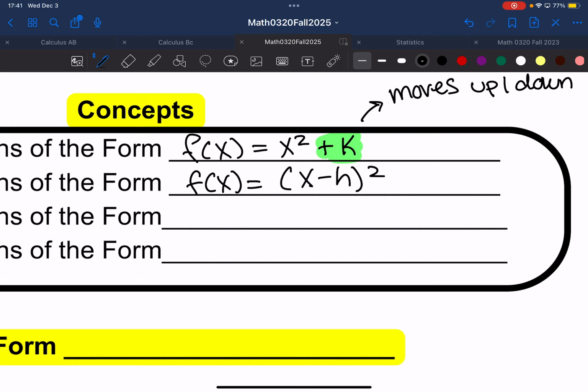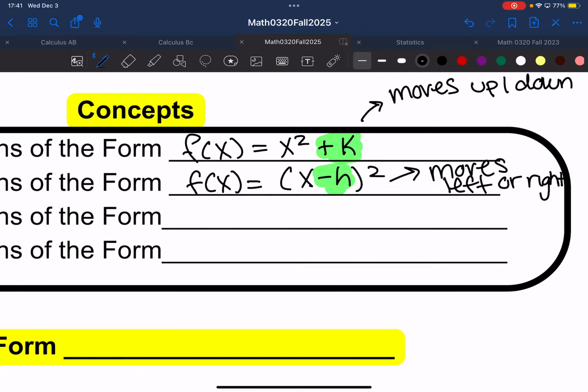The next one, where we have x minus h squared, tells us that we are going to take some value and move that graph from the left to the right. So this value here, this minus h, tells us that we're moving left or right.